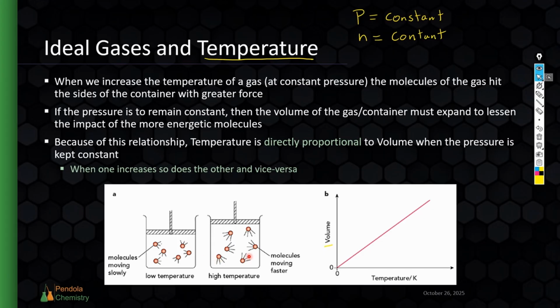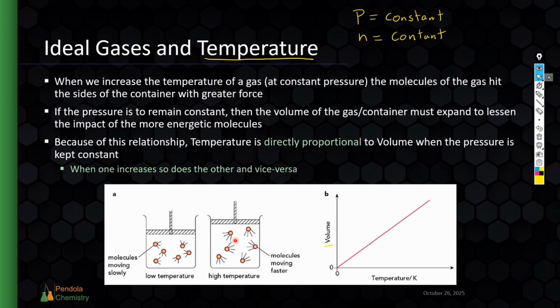So when these molecules are moving faster in this container, when they crash into the side of the container, they're doing so with more kinetic energy. And therefore, when they crash, they put more force. Because the pressure has to remain constant, because that's one of our conditions here, we remain under constant pressure.